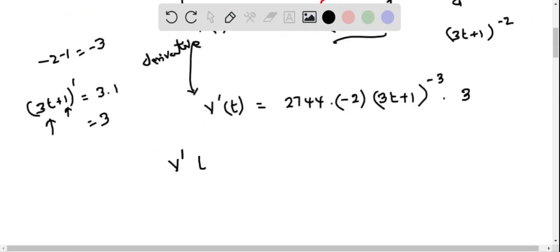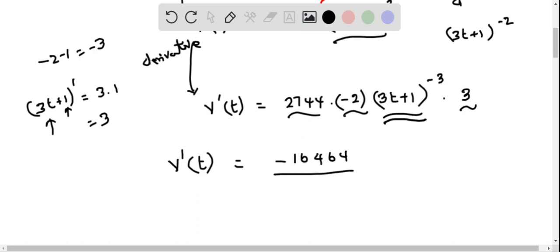We get v prime of t. Let's multiply the numbers, that is 2744, and then we have negative 2 and negative 3. So when we multiply all these three numbers, we get negative 16,464. And then we can rewrite this 3t plus 1 raised to the power of negative 3 as divided by 3t plus 1 raised to the power of positive 3.